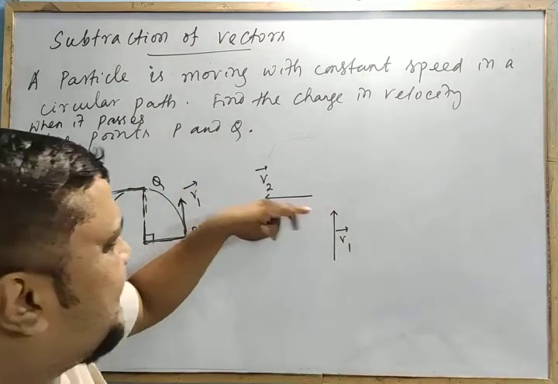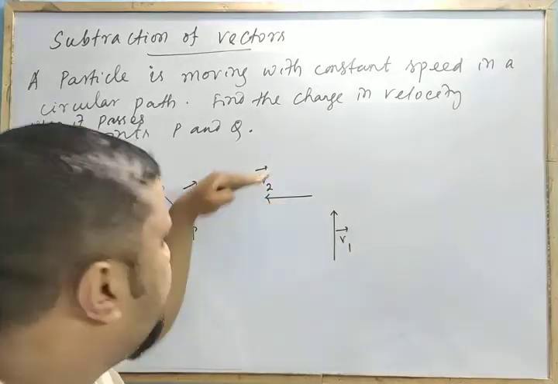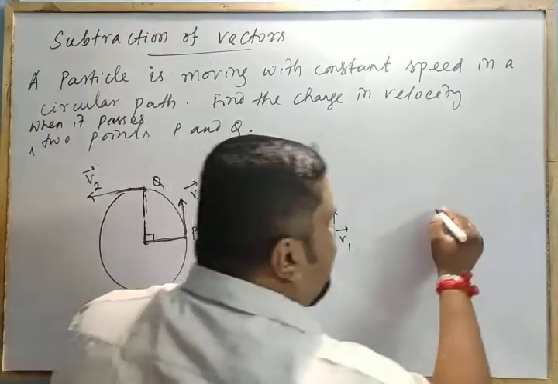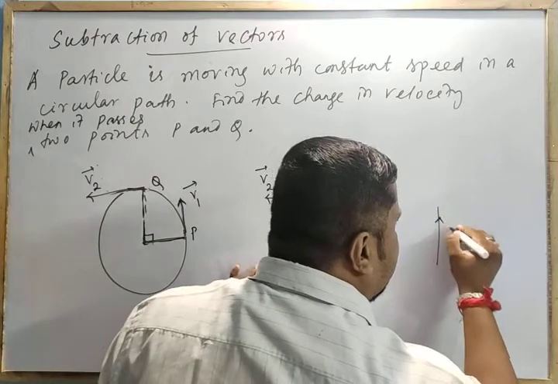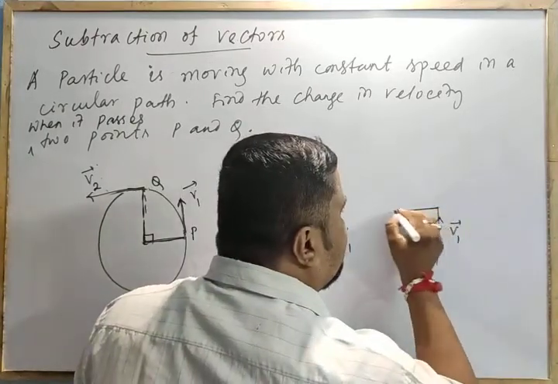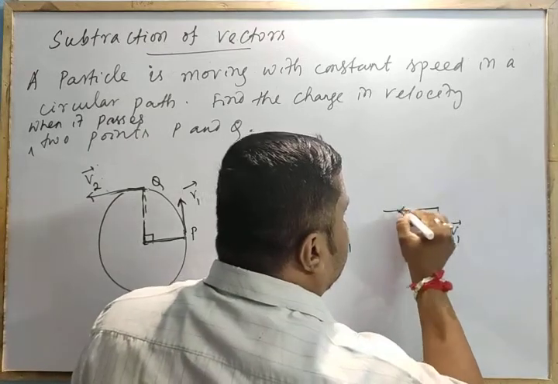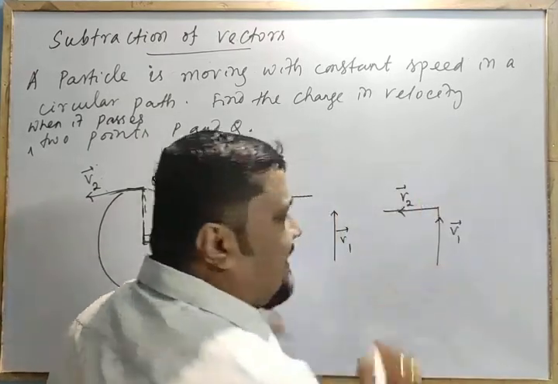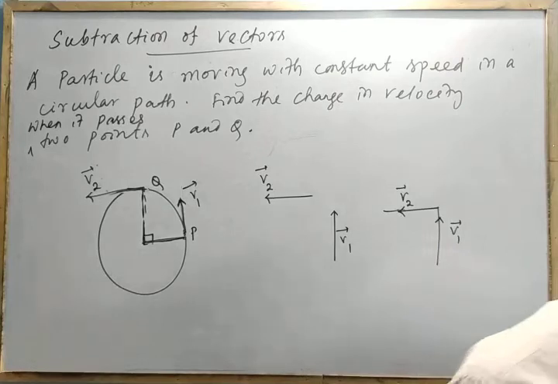I parallel shift this one and make V2 here. By parallel shifting, this is V1 and this is V2.